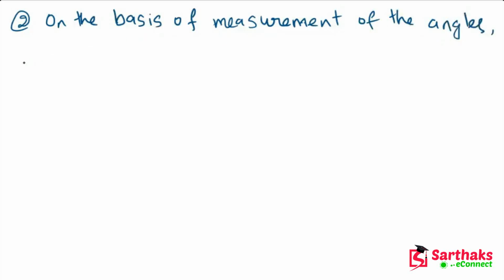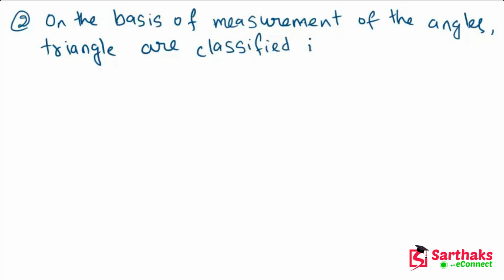So how many types? Triangles are classified into three categories. So what are these categories?